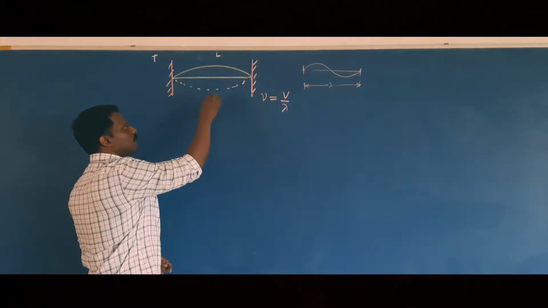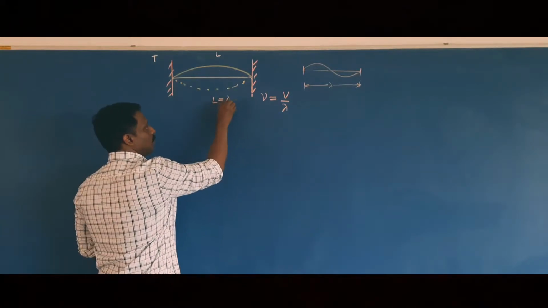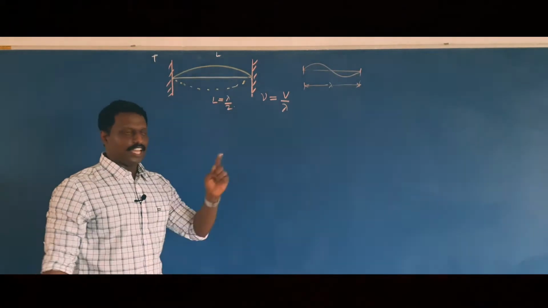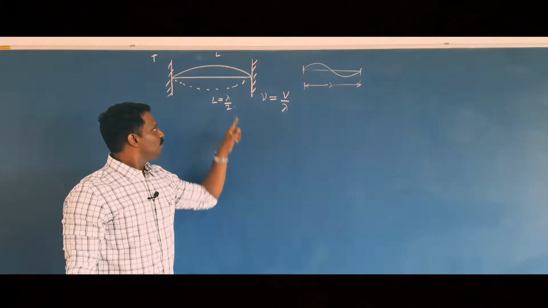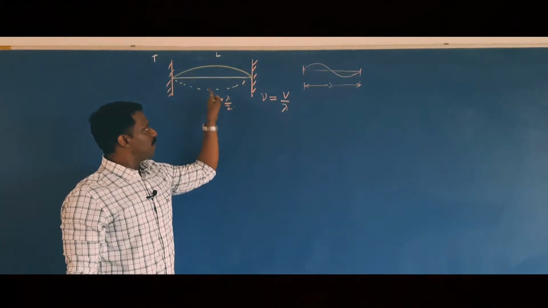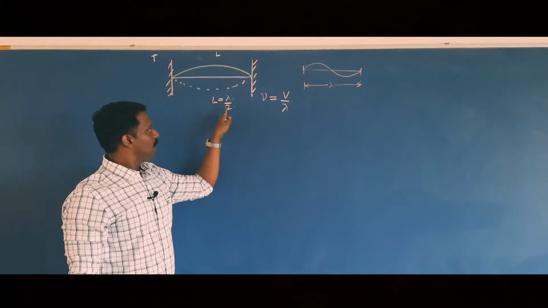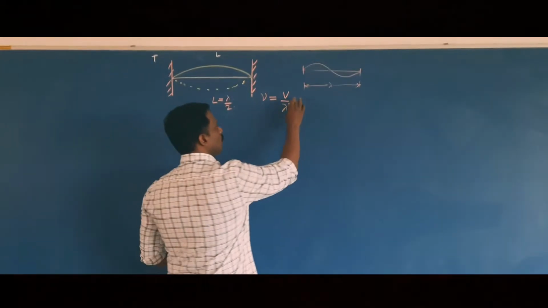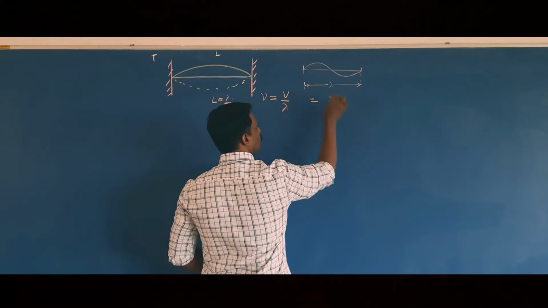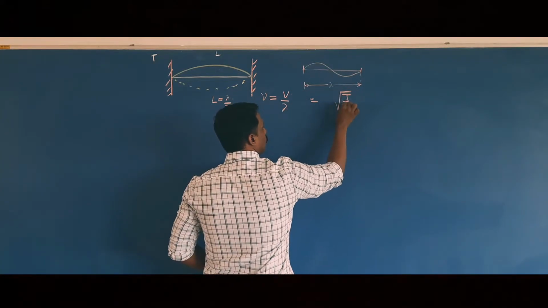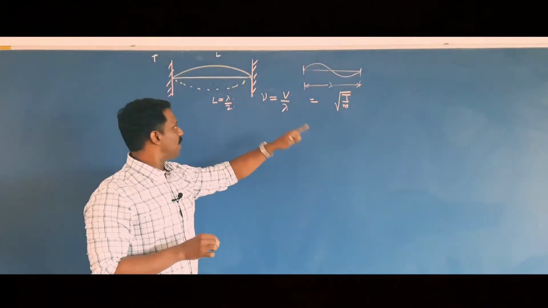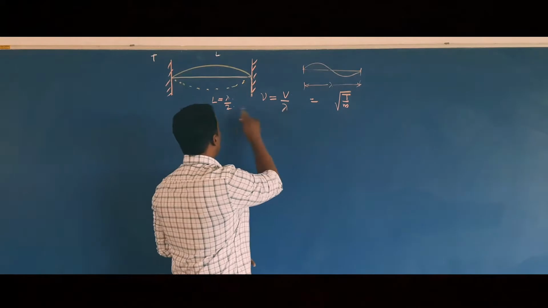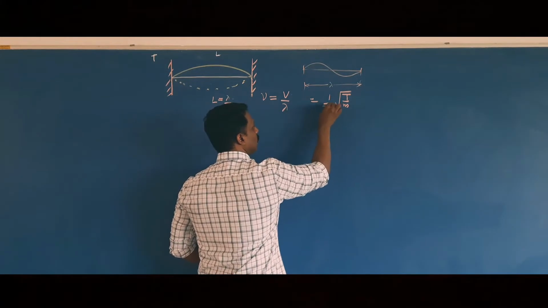So we can say the length of the string in this situation is half the wavelength, L equal to lambda by 2, where lambda is the wavelength. So we can write the wavelength of the wave formed here as equal to 2L. So v, the velocity of a transverse wave in a stretched string, is root of T by mu, where mu is the linear density and T is the tension, and 1 by lambda will be replaced with 1 by 2L.